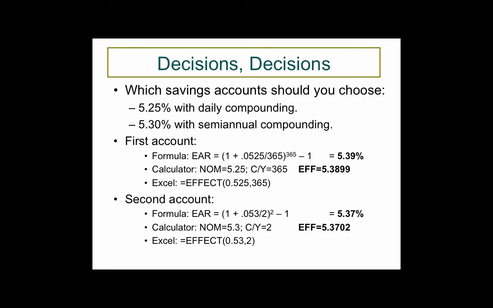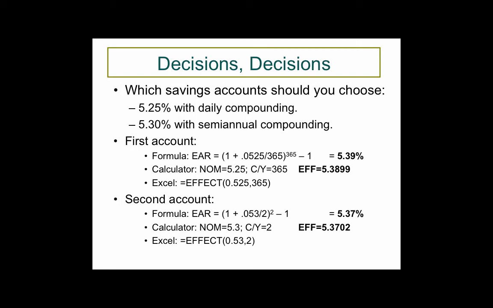The same thing would be true for the second account as well. By comparing these, you will see that the first account actually pays you slightly more than the second account, even though its periodic rate was a little bit lower.